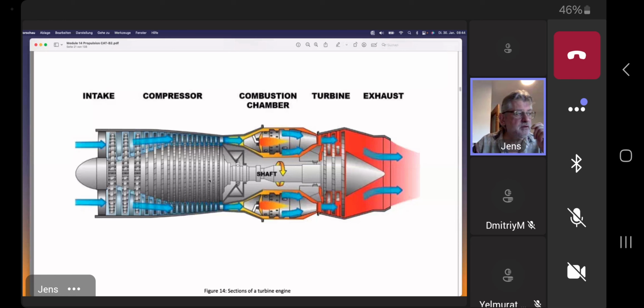As you can see here, just an example, we have to install so many stages right after the other because the compression ratio of the axial compressor is, compared to radial, very, very bad. But the point is, why do we use axial compressors in our big engines?